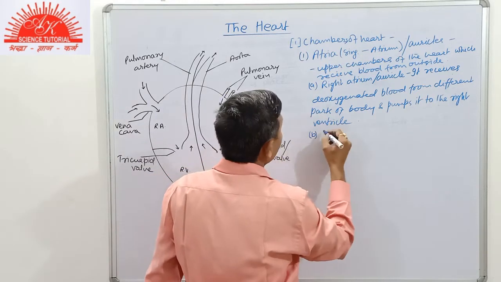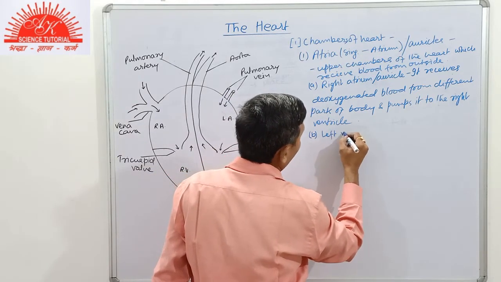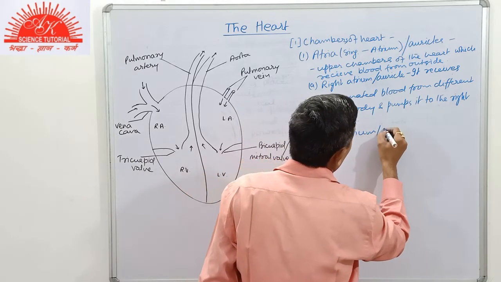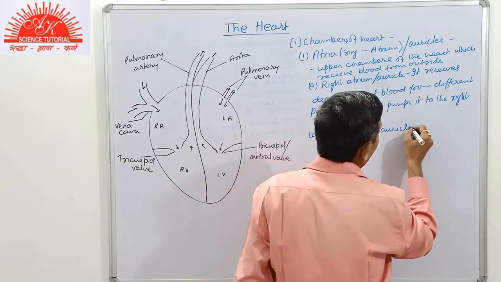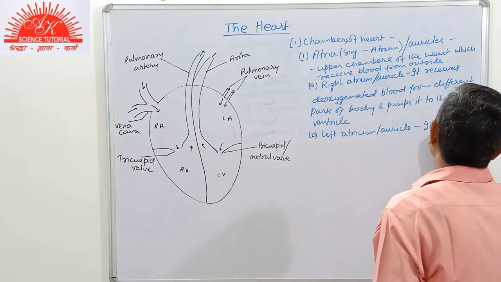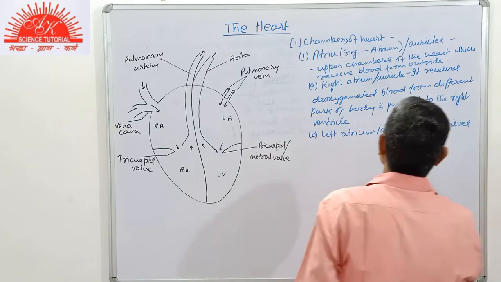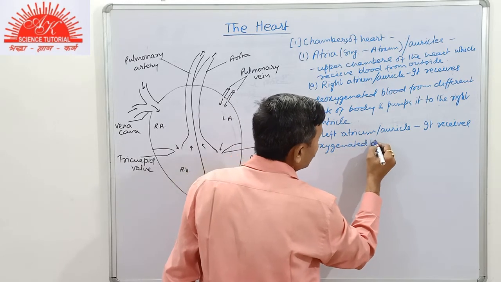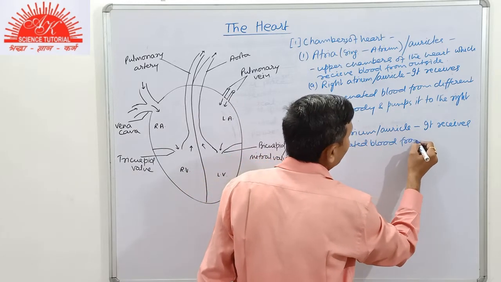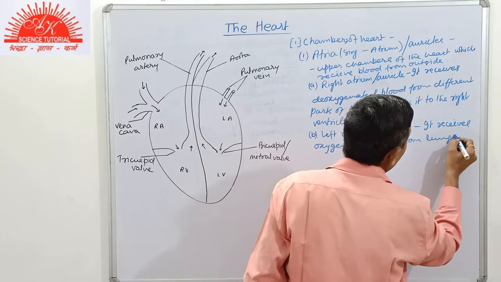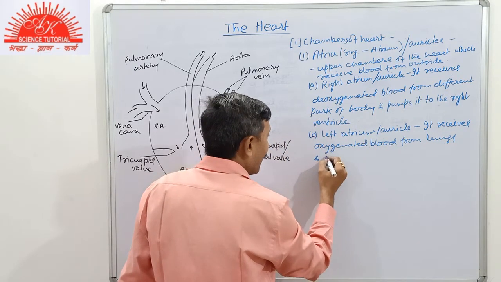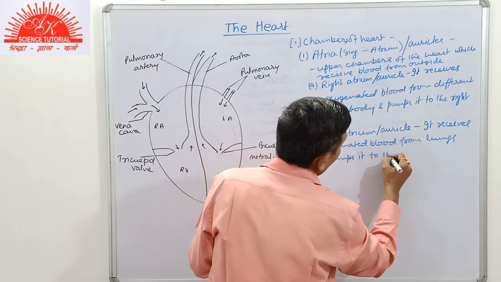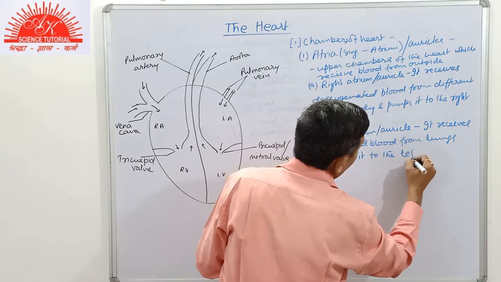The second part is the left auricle or atrium. It receives oxygenated blood from the lungs and pumps it to the left ventricle.